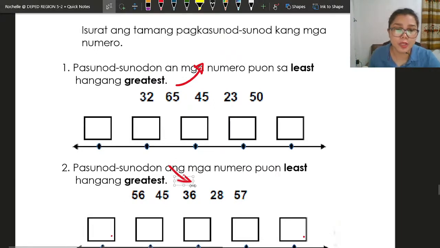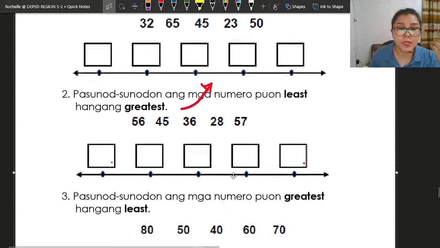Ay, ano yung nangyayari? Okay, so for number 2, least to greatest, pataas din. Ano po? So, piliin mo na which one is the smallest or the least number, lowest number going up.